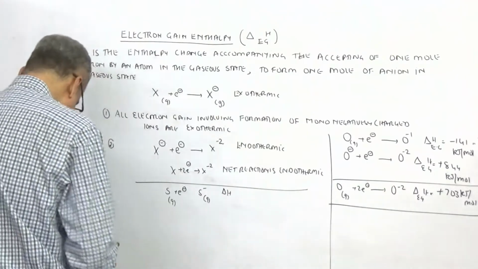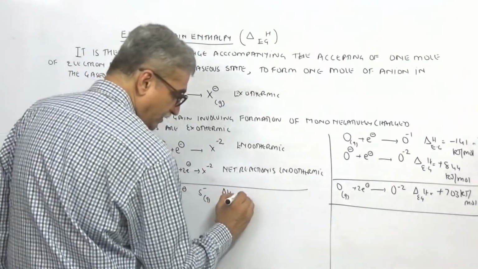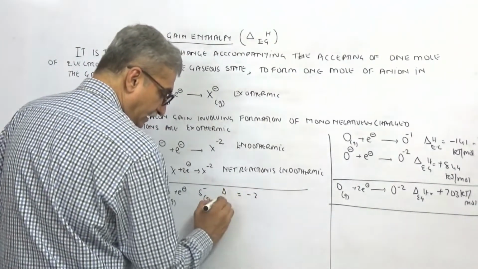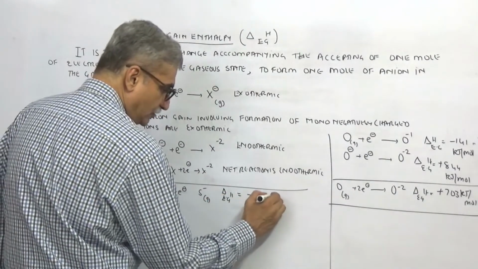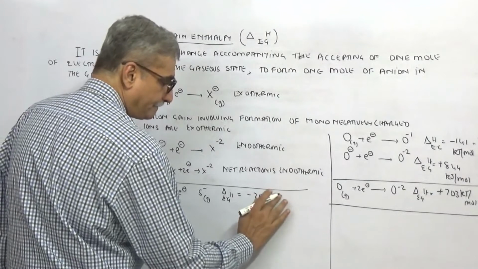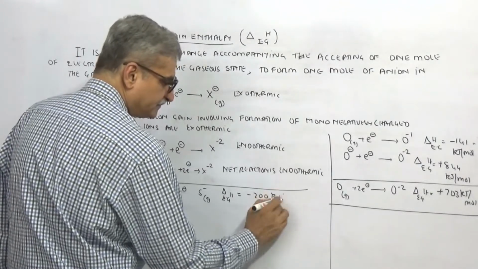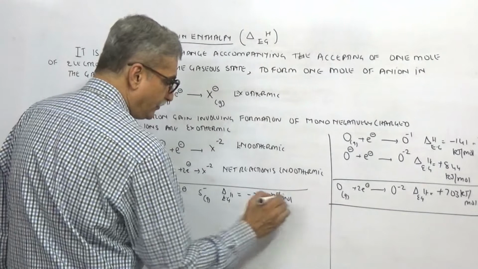This delta H value is how much? It is minus 200 kilojoule per mole.